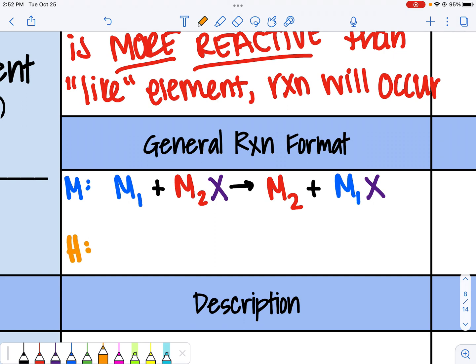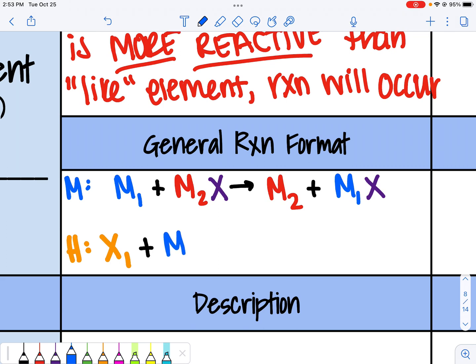Alternatively, if you have halogen single replacement, in this case, we're going to call your halogen X1. So remember, halogens are anything in group 7. So your singular element here would have to be fluorine, chlorine, bromine, iodine, one of those options. Your singular element X1 wants to replace its like element in the ionic compound.